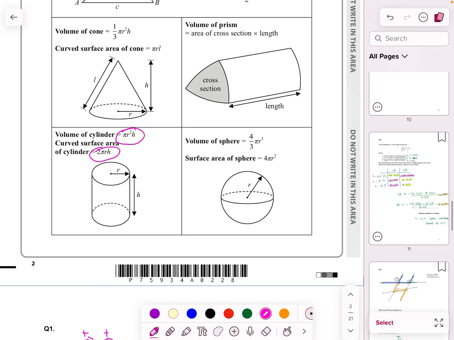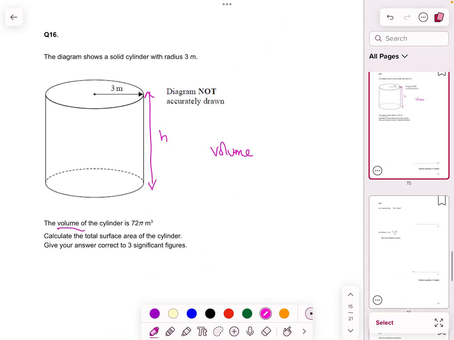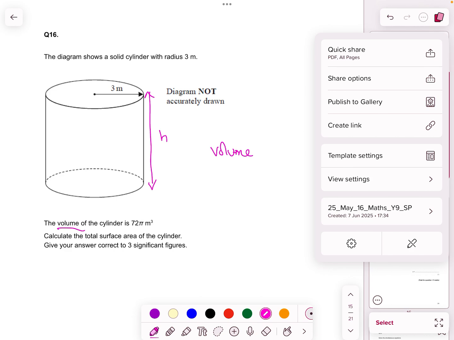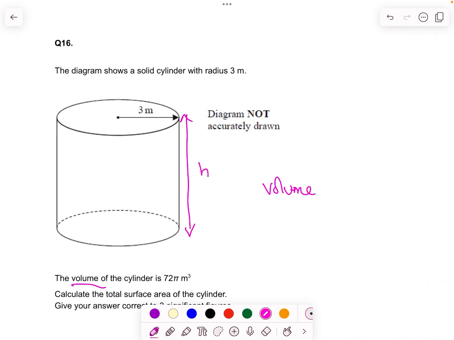So we know that pi times 3 squared times h equals 72 pi. Let's tidy it up a bit. 3 squared is 9, so 9 pi h equals 72 pi.